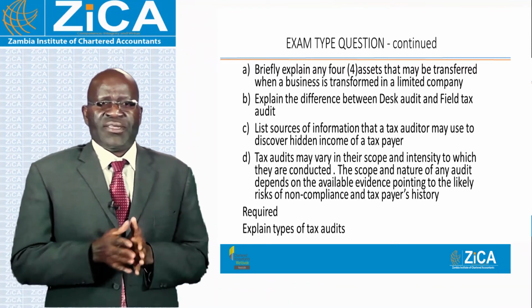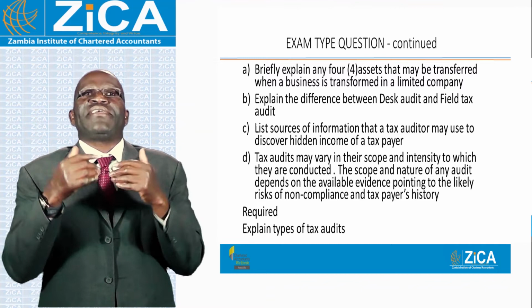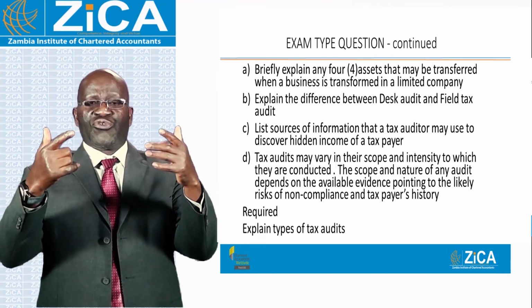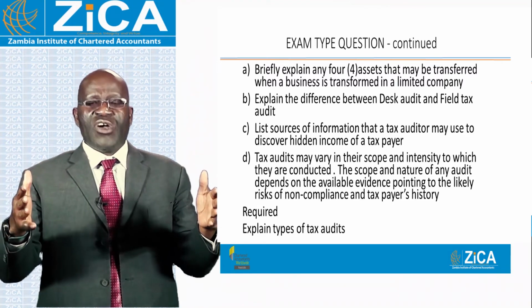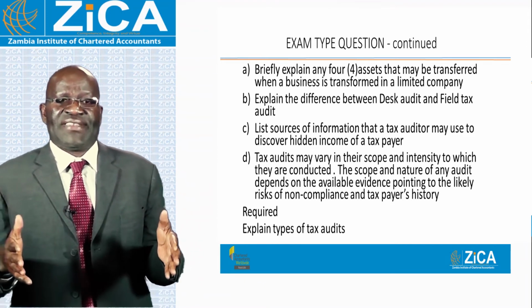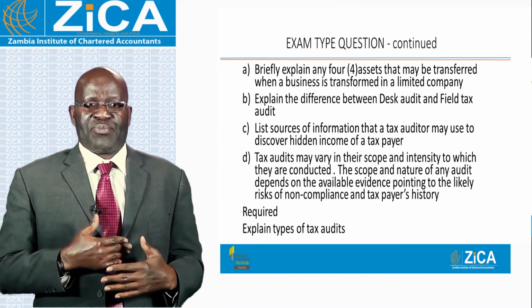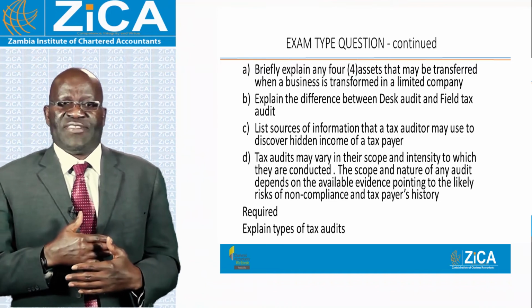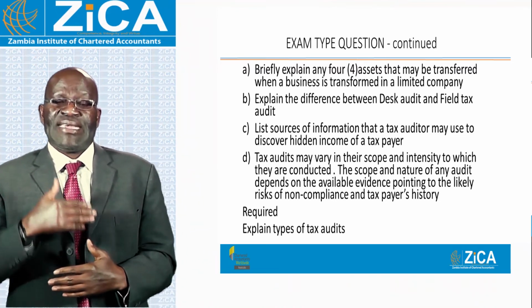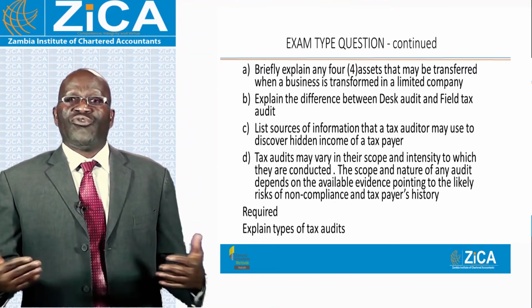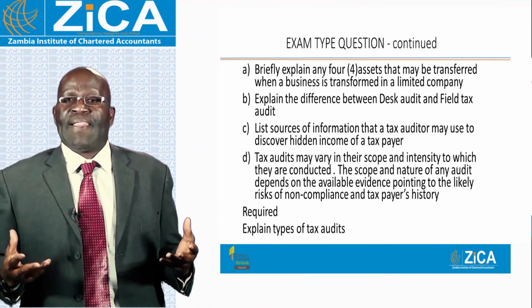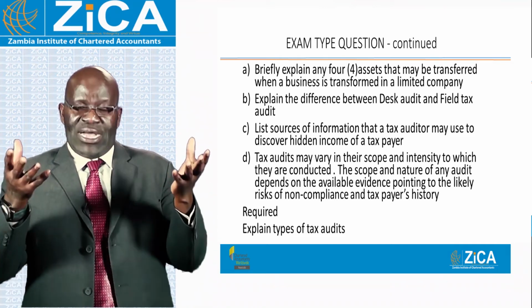What is required? Before you even read through the opening scenario, I would encourage you as students to use a bottom-up approach. Start with the requirement first. In the scenario itself, you might be able to pick what is required to answer.